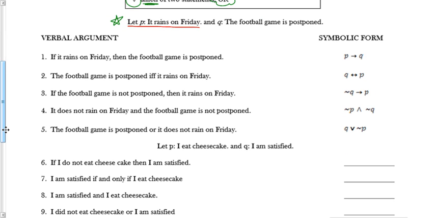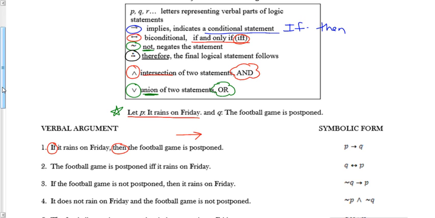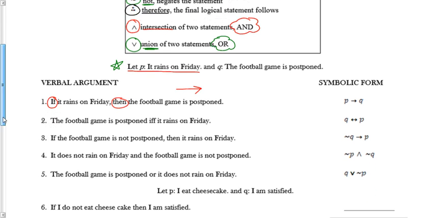I'm going to go through each one of these so you can see how we determine what kind of symbol we're using. So first I notice I have an if-then. Once I know I have an if-then, I know that I'm going to be having a single arrow. I just go back and look at my list, and that circled in blue at the top is an implies or an if-then statement.